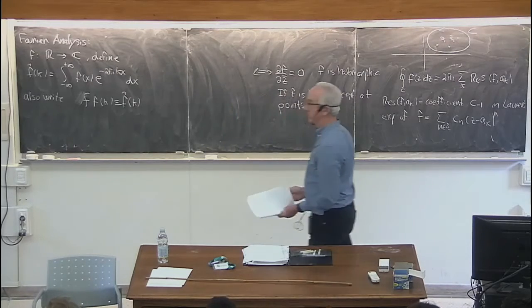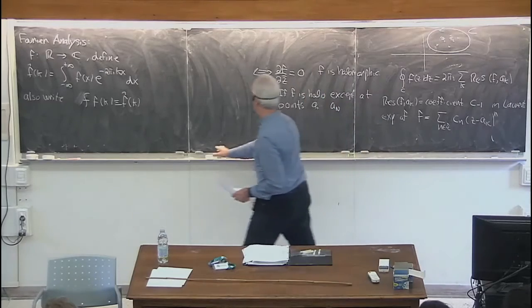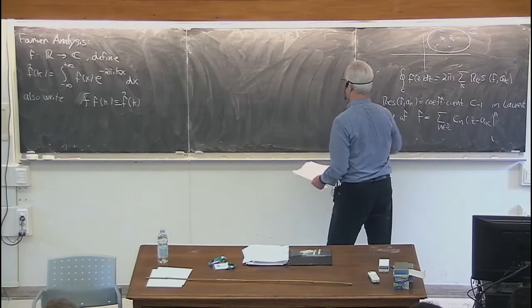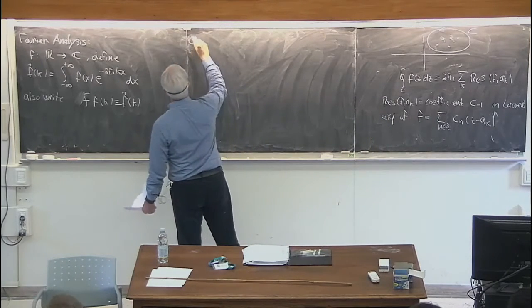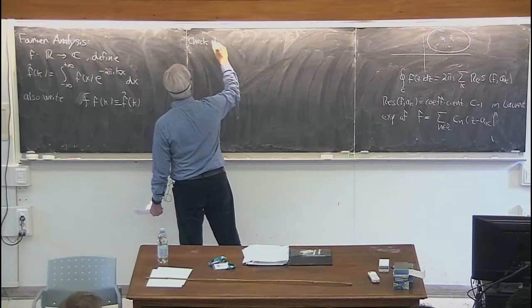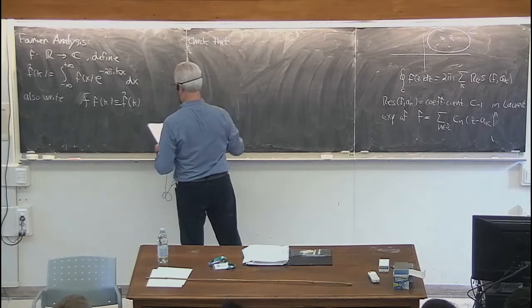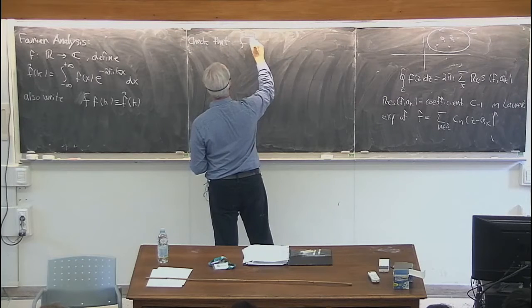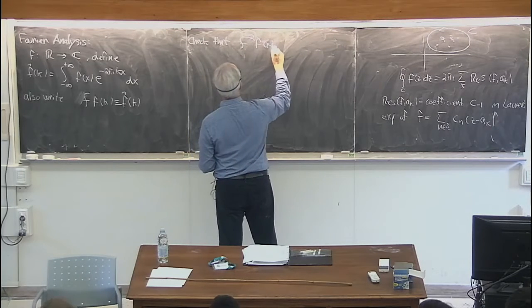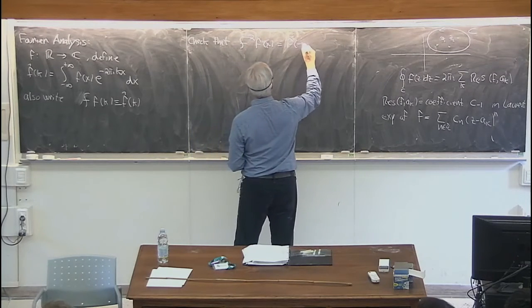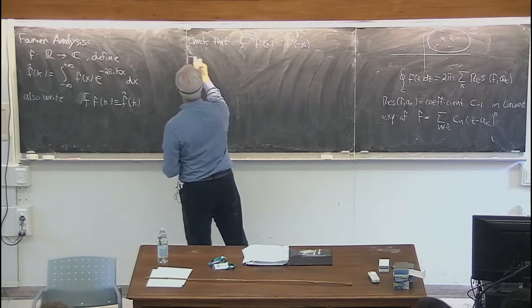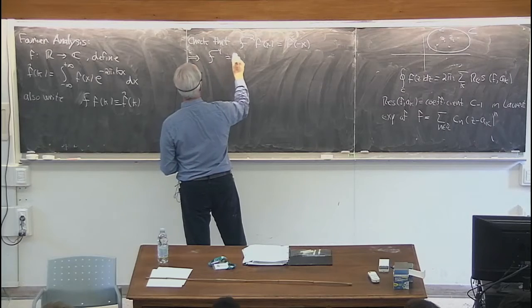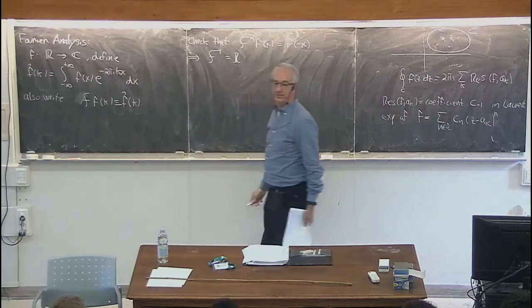And it's easy to check that if you apply the Fourier transform twice, you get f of minus x back. And that implies that if you do the Fourier transform 4 times, you get the identity.